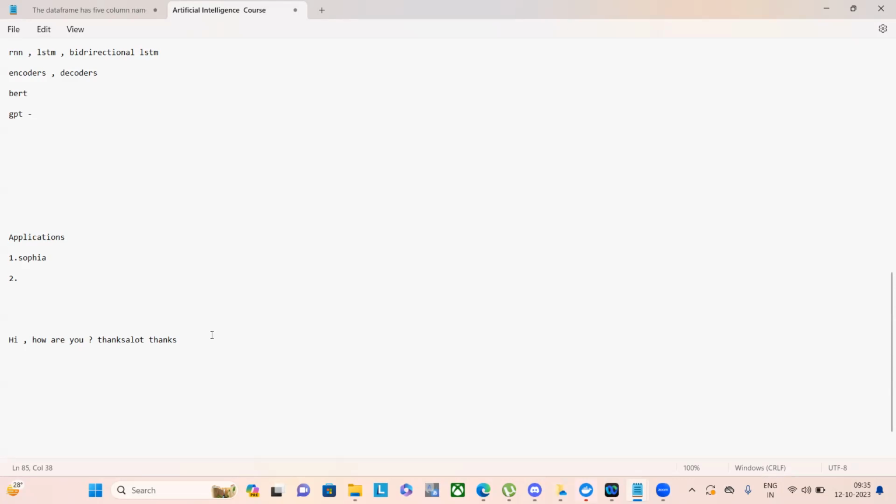Compared to that, from last year onwards, the jobs have reduced. Why? Because a chatbot is automatically responding. That is because of NLP.